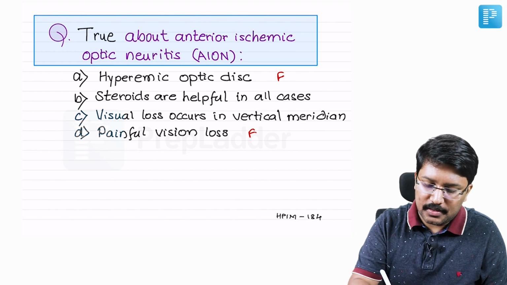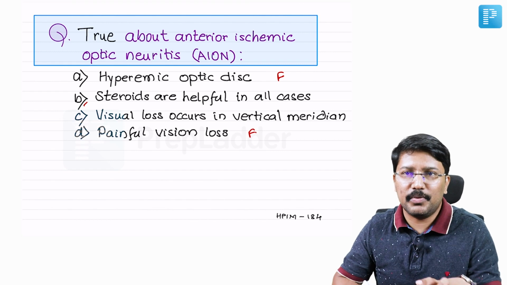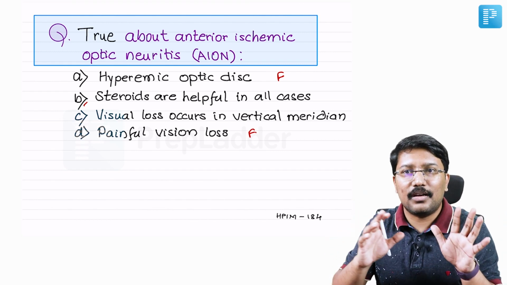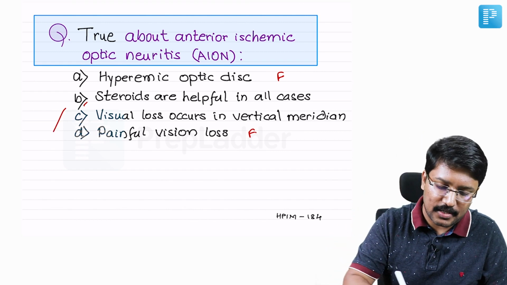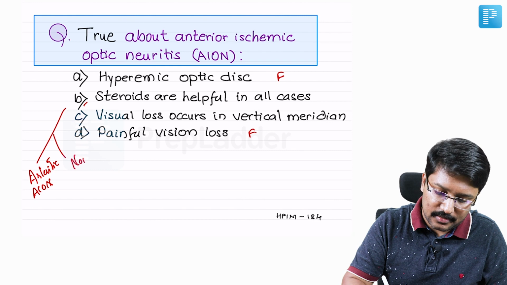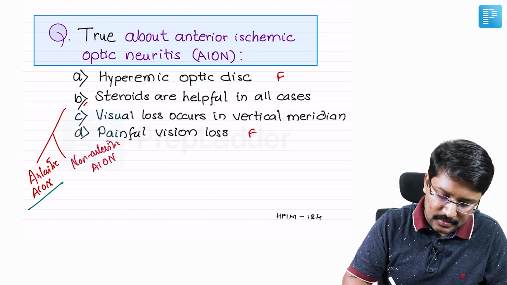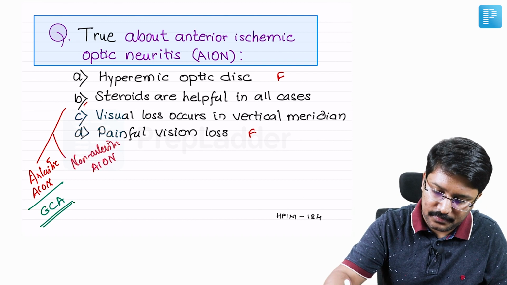Now coming to option B, steroids are helpful in all cases. Okay, if you remember Harrison, he says arteritic and non-arteritic. So steroids are not helpful in case of non-arteritic. Arteritic is usually, right? So we are dividing them into arteritic AION and non-arteritic, right? So when I say arteritic, most of them are secondary to giant cell arteritis, right?